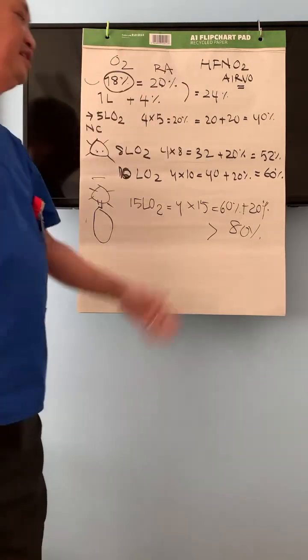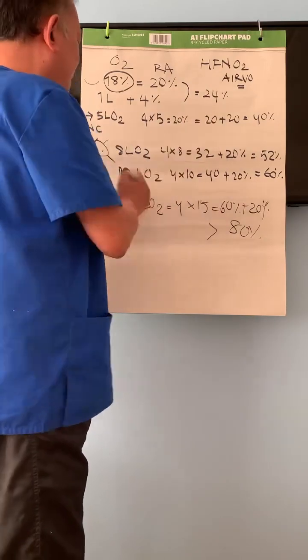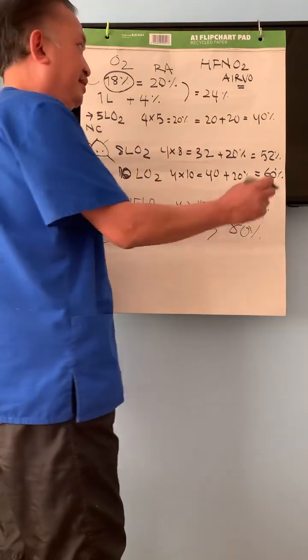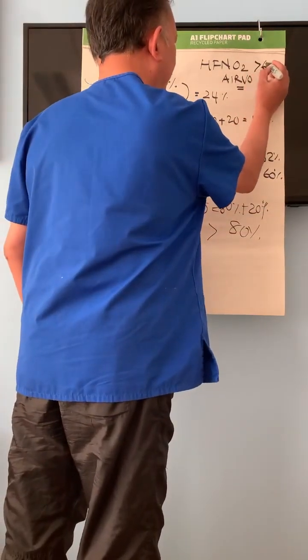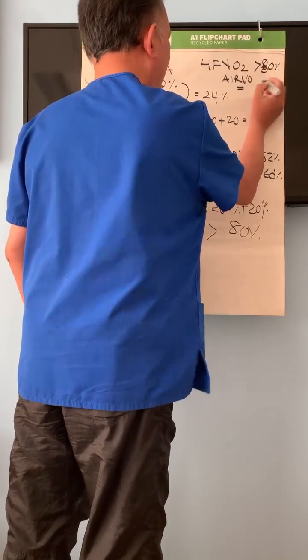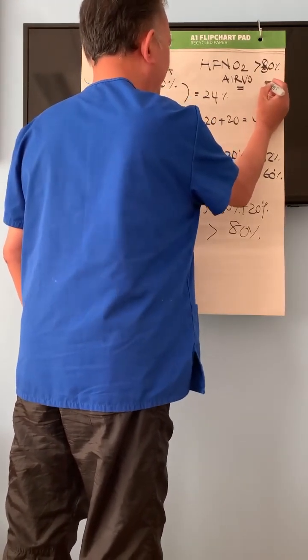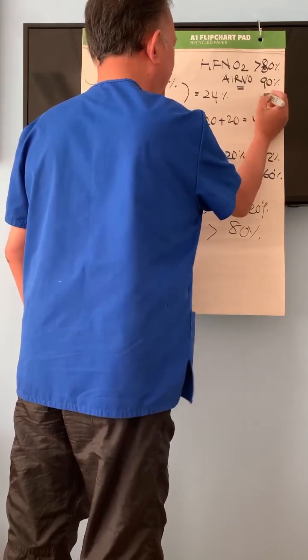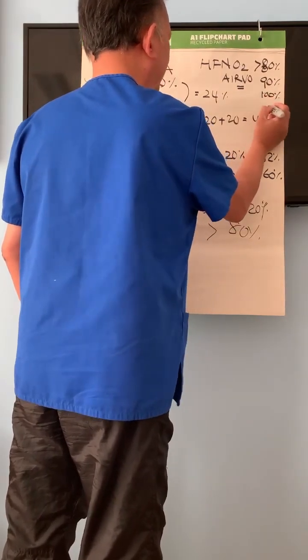The HFNO machine can deliver more than 80%, almost up to 100%, but usually we use 90 to 100.